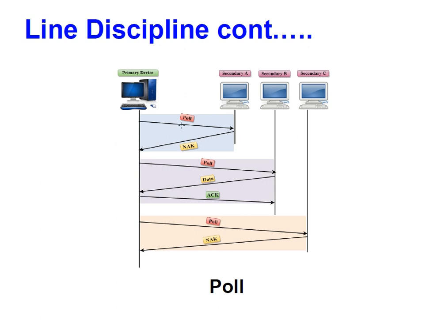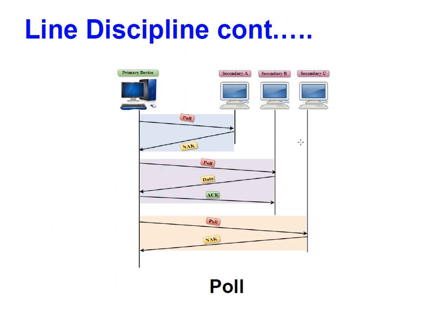It will send a poll, and if it receives a NAK, that means a negative acknowledgement frame, it indicates the acknowledgement is not positive but negative. So it understands that this device is not ready to share data. It looks for the next device, station C.